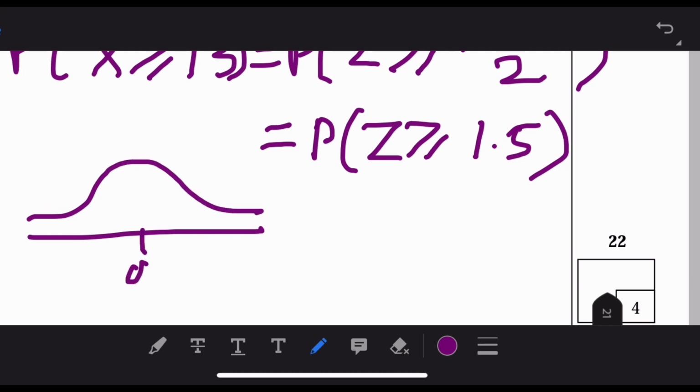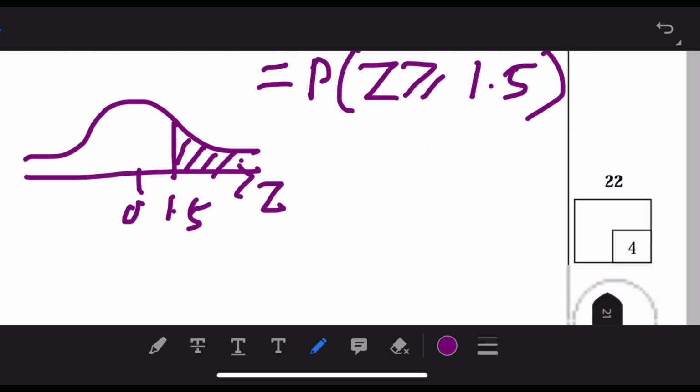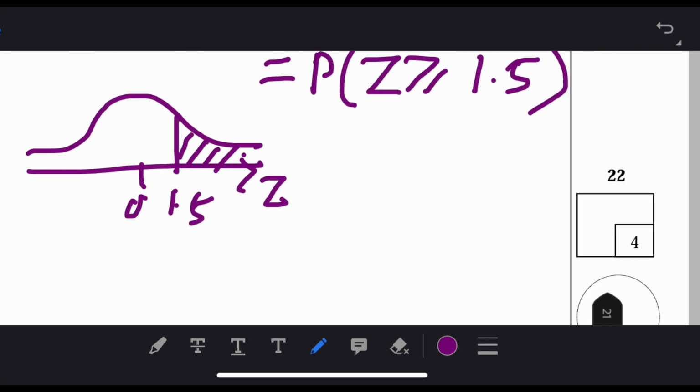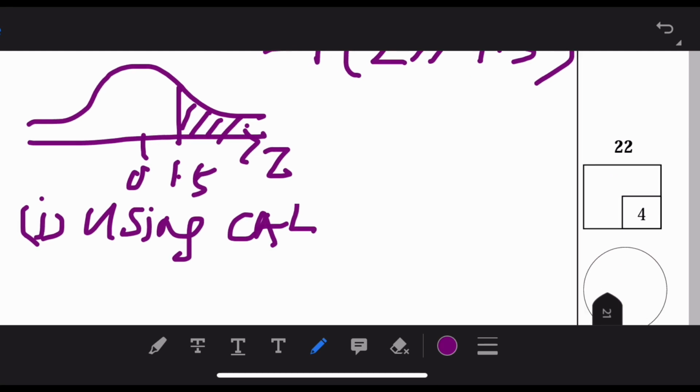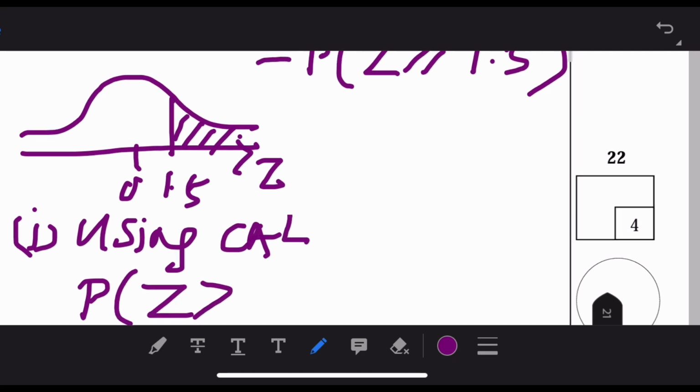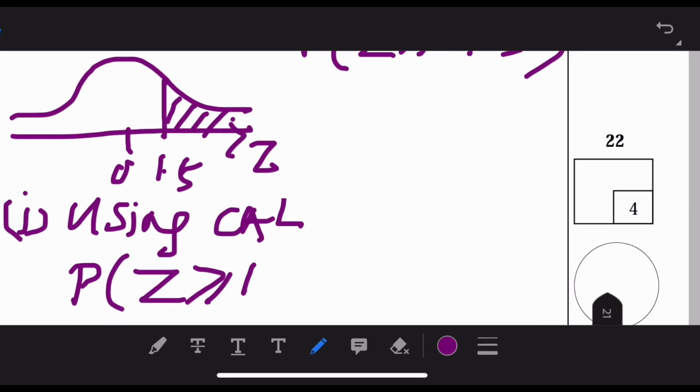So now I'm drawing the bell shape for the z-score. I have to label first 1.5, and I shade the region to the right because z is more than or equal to 1.5. So that means I need to find the area of the bell shape that I shaded in purple color, or you can say the area is actually representing probability.